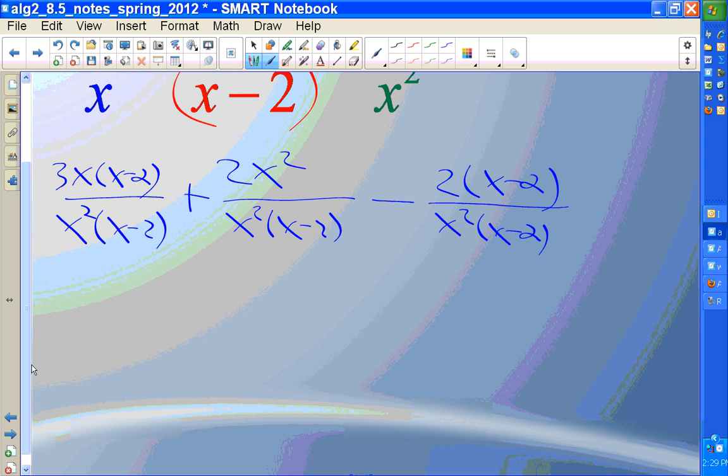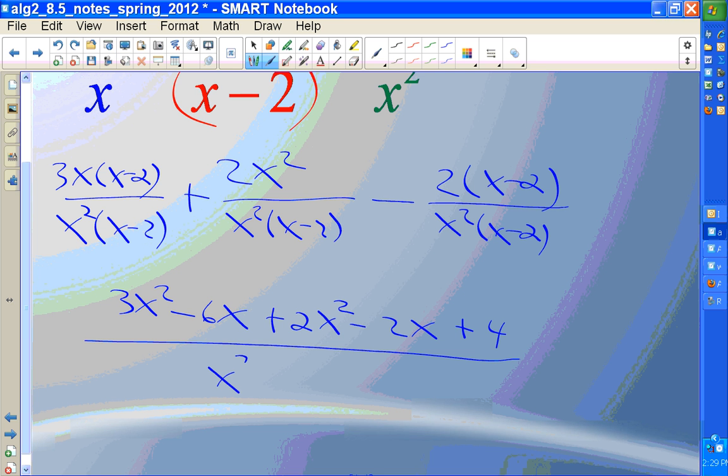So when we combine all of these, you're going to get 3x squared minus 6x plus 2x squared minus 2x plus 4 over the LCD. Most commonly made mistake is to have a minus 4 here. Okay?